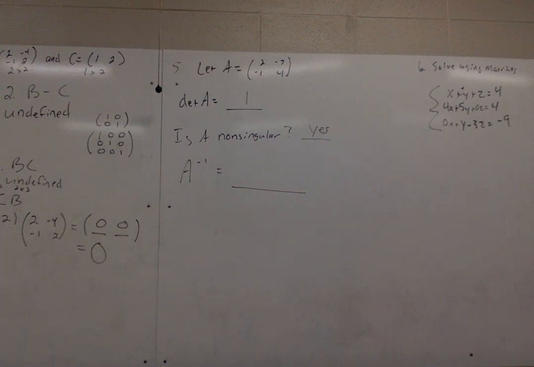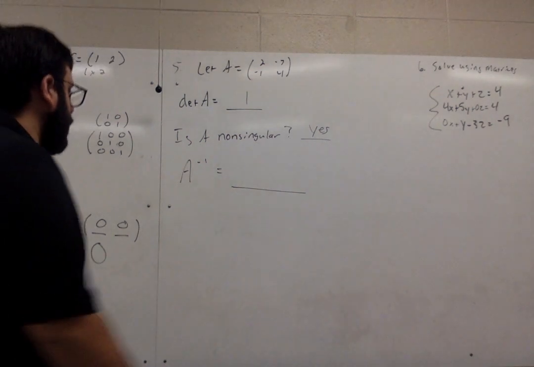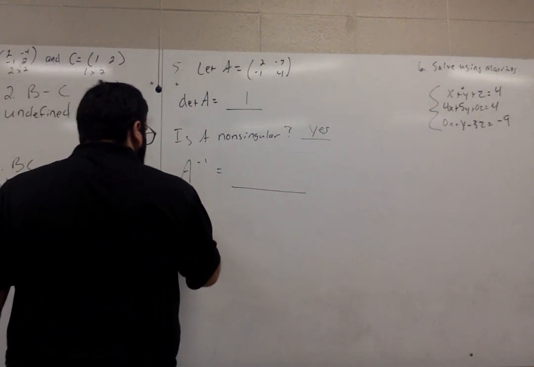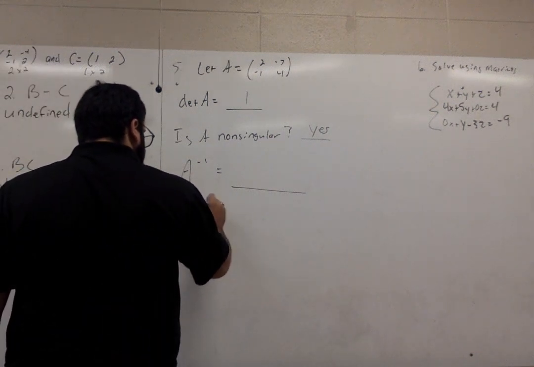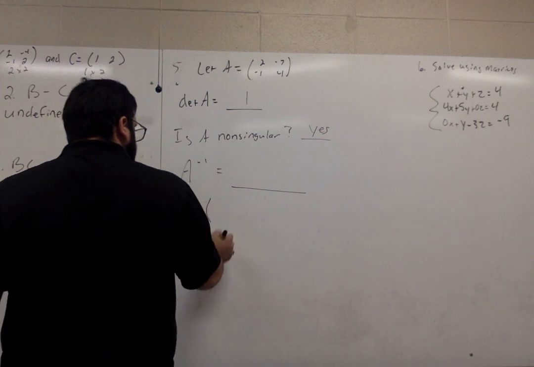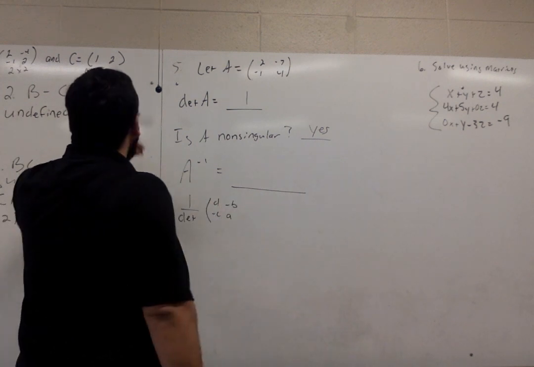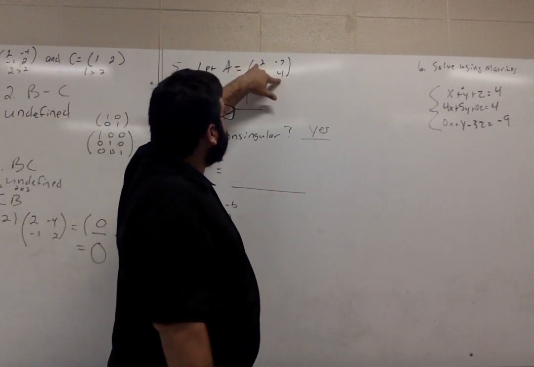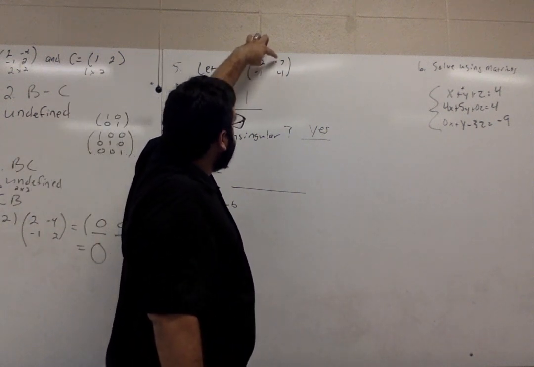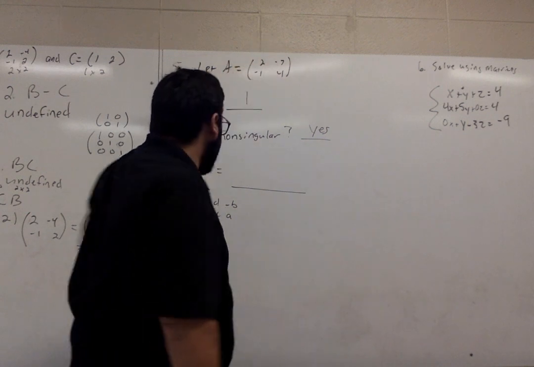Again, for 2 by 2 matrices, if you're looking for the inverse, you can either do that by hand or you can do it by calculator. If you're going to do it by hand, remember, the formula for that is 1 over the determinant times this matrix. So you would switch these two elements and then change the sign of these two elements, okay?